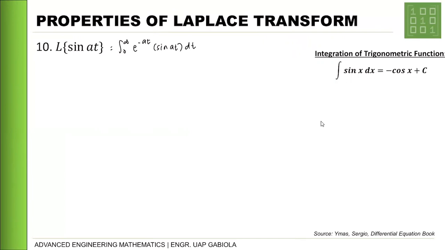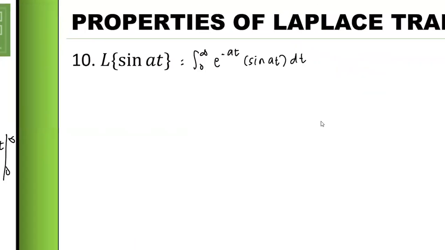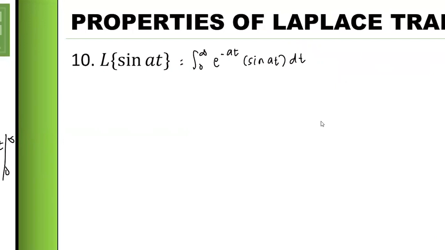Okay. So integration by parts tayo. So again, yung ating ano is LIATE, no? LIATE. So una si trigonometric bukod kay bago mag-exponential. So ang u natin is si trigonometric na sine at. Okay? And ang dv natin is e^(-st). So it should be s, no?